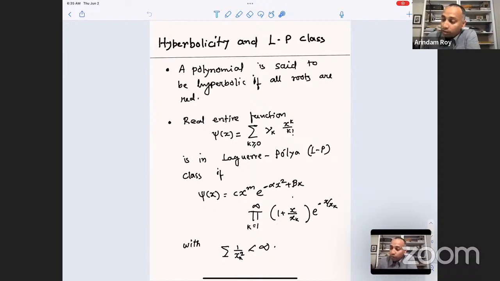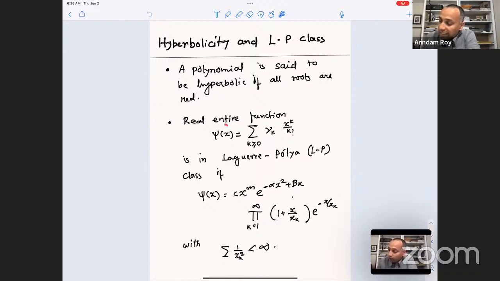A polynomial is said to be hyperbolic if all its roots, all its zeros, are real. Now, consider a real entire function psi x, with Taylor expansion the sum of gamma k x to the power k over k factorial.